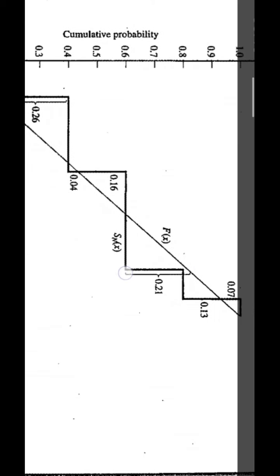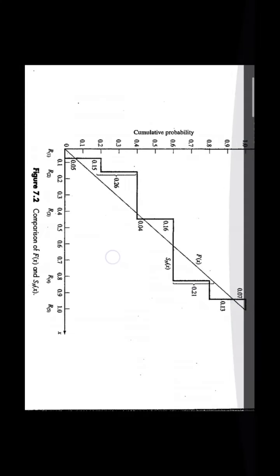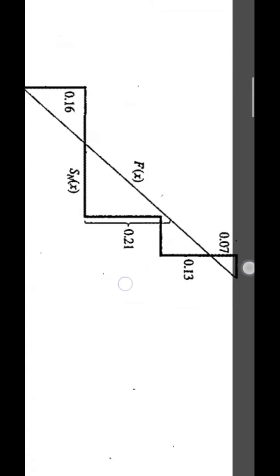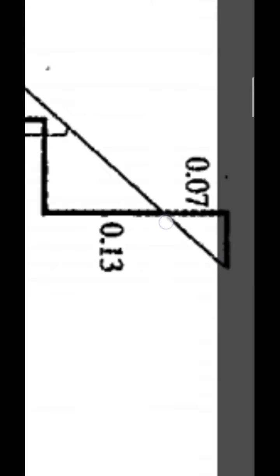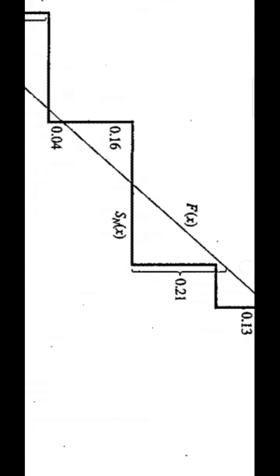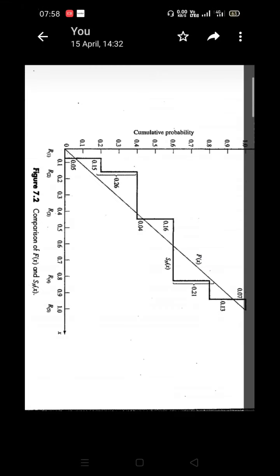So altogether there are 20 points. Out of 20, 7 points should be taken on the top position, that is the d plus part, and 0.13, that is 13 points, should be taken on the bottom of the straight line. Here you can find that altogether there are 20 points. 7 points are taken on top, the d plus part, and 13 points are taken below, the d minus part. Hope you are understanding the concept.